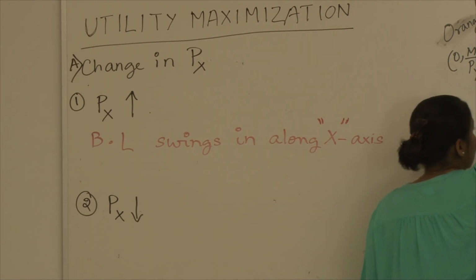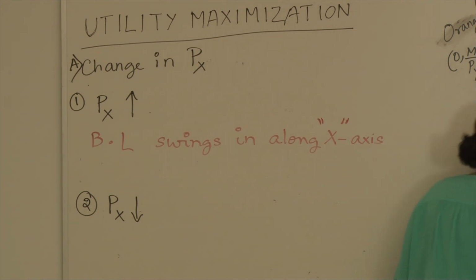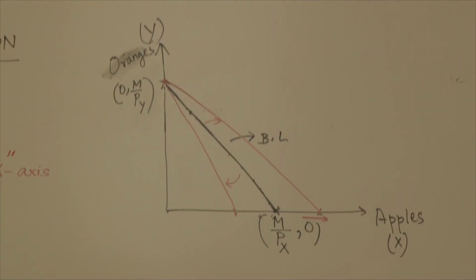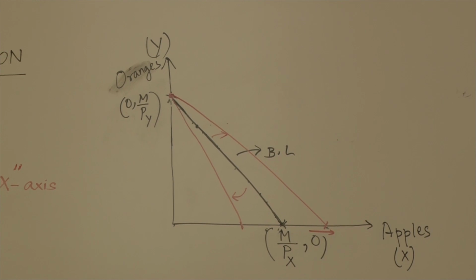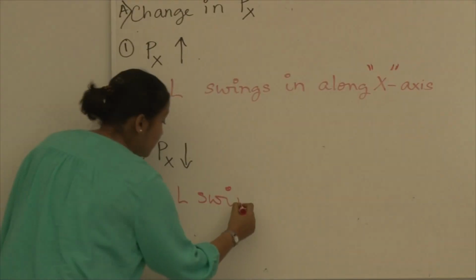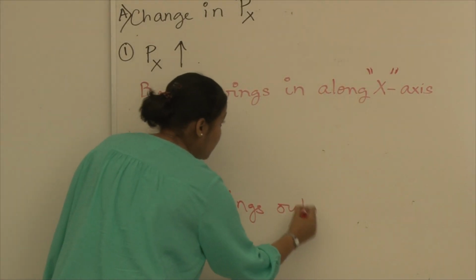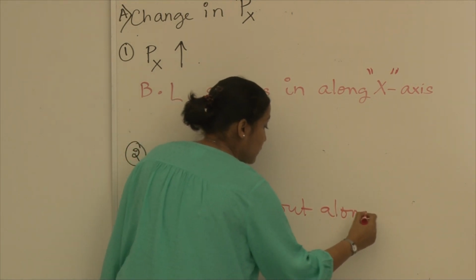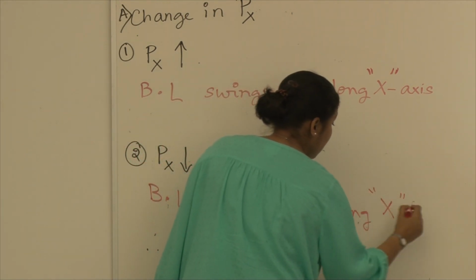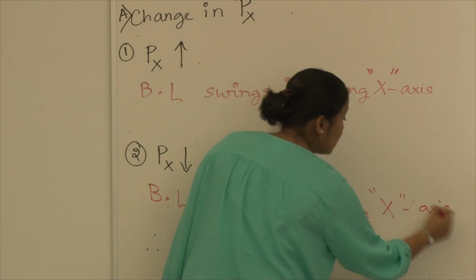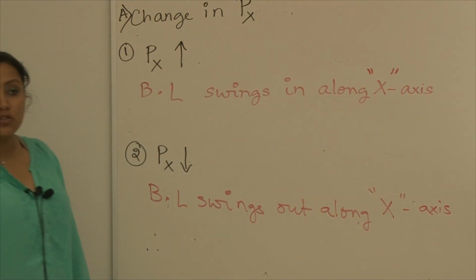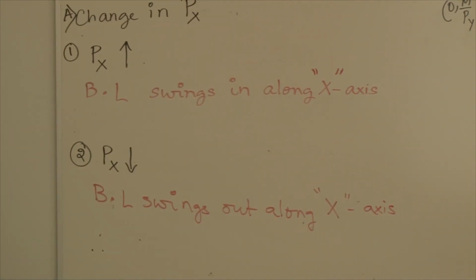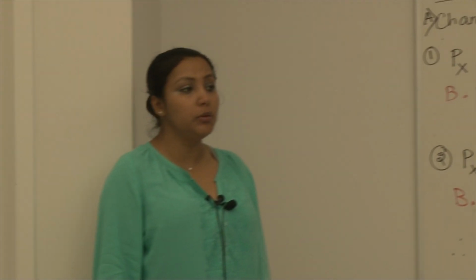So, that means your budget line would swing out like that. And once again, by x axis I mean the axis along which I am measuring the good x, not always the horizontal axis, because I could be measuring apples on the vertical axis.